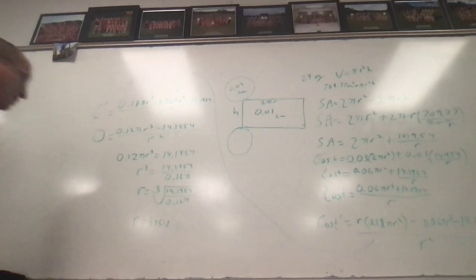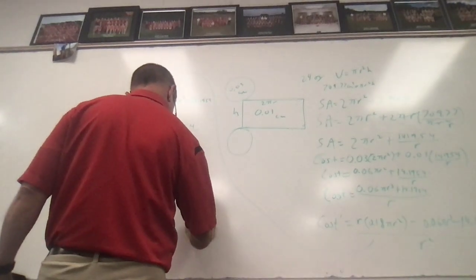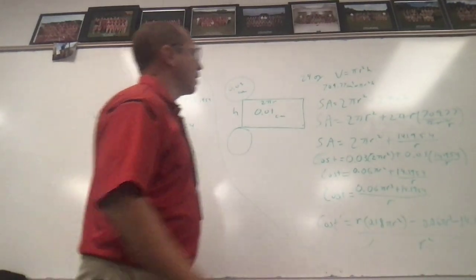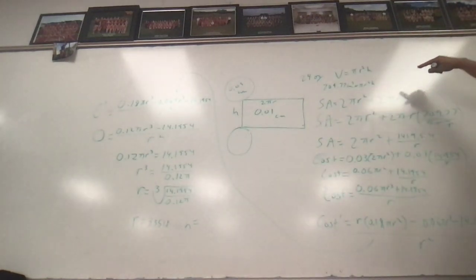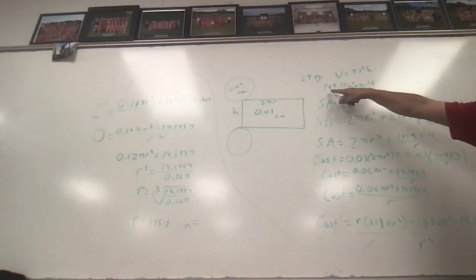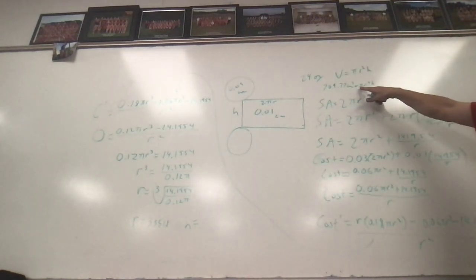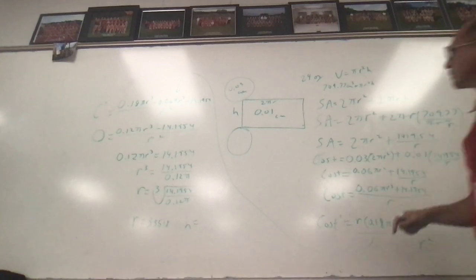What's going to be our height? Well, our height, remember, is 709.77 divided by pi times 3.3518 squared.